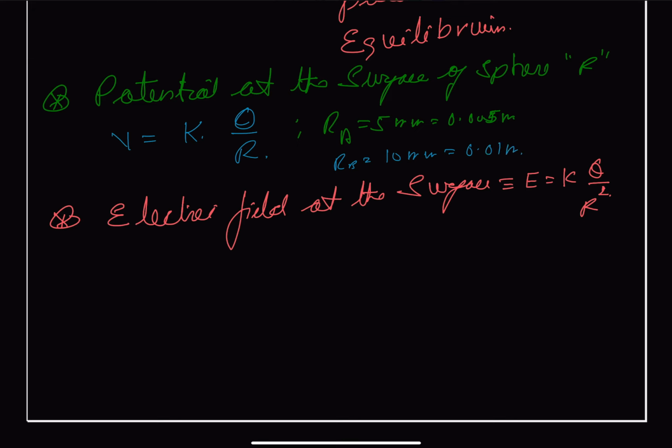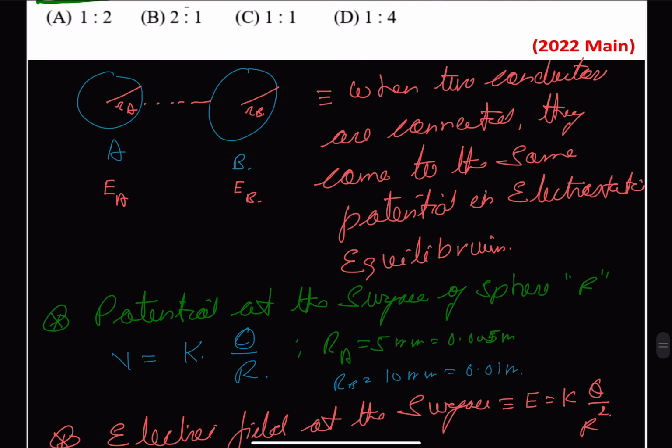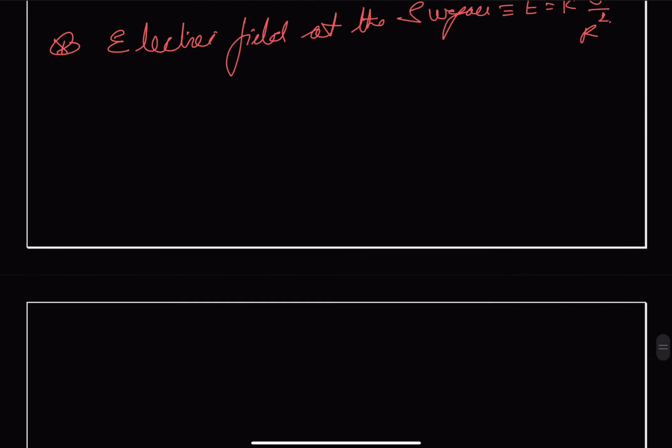They are connected with a wire, so the potentials VA and VB will be equal. Therefore VA is equal to VB, which gives us QA upon RA is equal to QB upon RB.